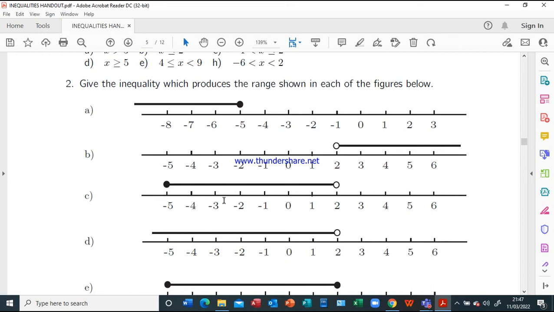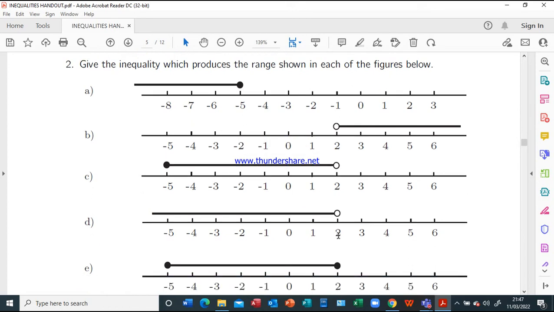We go to D. I know why I want to skip C. How about D? D is x is less than 2. Joan, is that Joan? X is less than 2? Yes, sir. Okay, good.